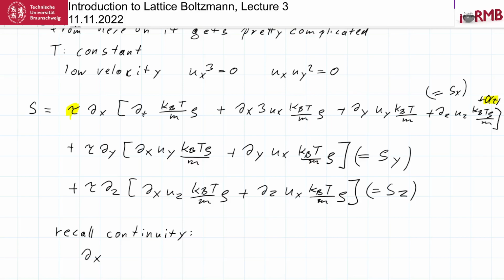There is a continuity part inside this term here up here, because we see we get the spatial derivative of dx ux, dy uy, and dz uz.